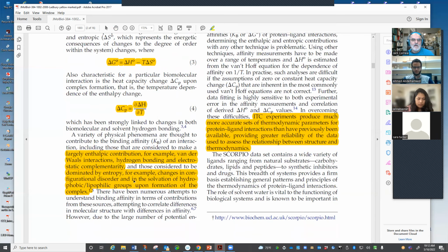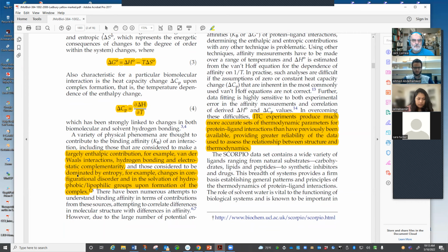Okay. And then they give a simple overview that you should actually understand and be familiar with, because this is basically the Ross and Subramanian statement, although they don't actually reference Ross and Subramanian here. Largely, enthalpic contributions come from van der Waals interactions, hydrogen bonding, and electrostatic complementarity.